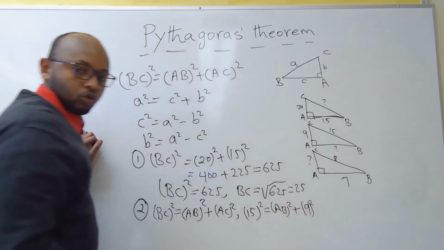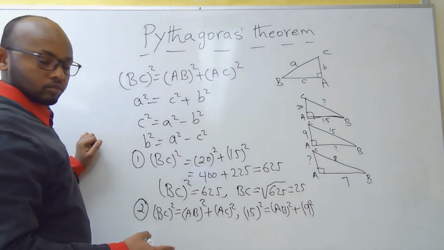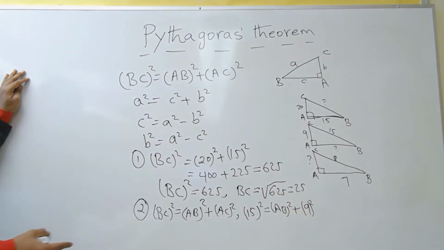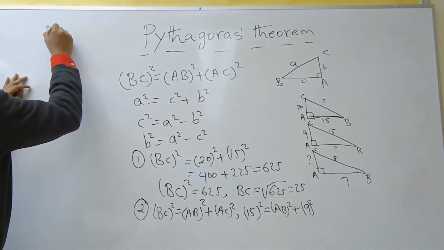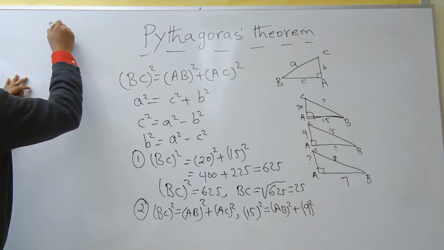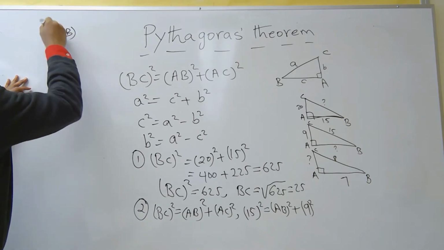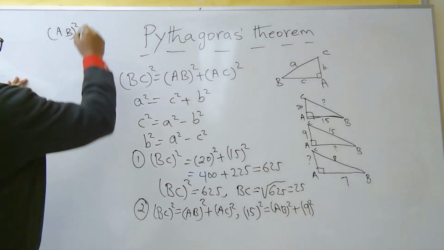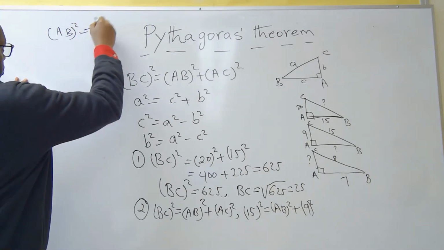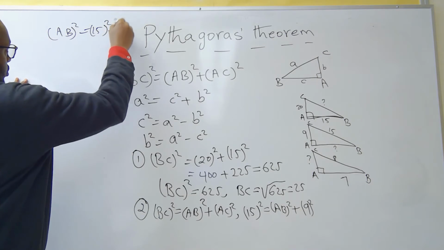So when we have that one, we use subtraction. So I say AB square is equal to 15 square minus 9 square.